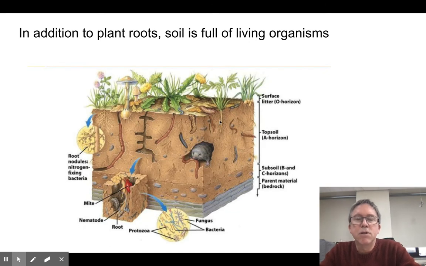But there's also insects and insect larvae. Like here, you have worms, obviously, and you have mammals. There's all kinds of things that live inside the soil. So it's not just dirt. It's this living layer that exists between the bedrock and the atmosphere.